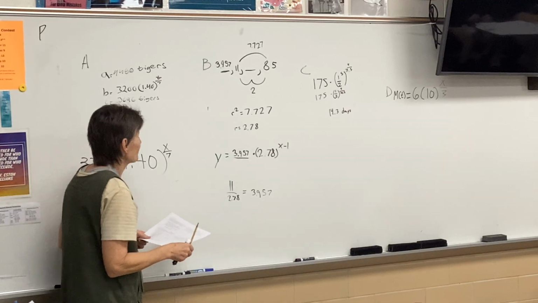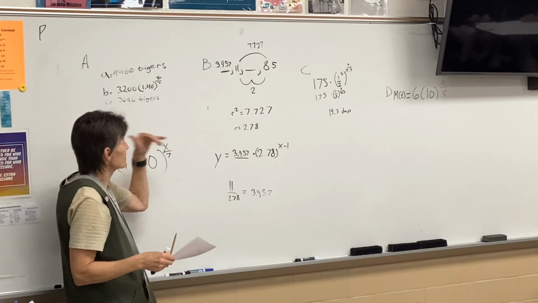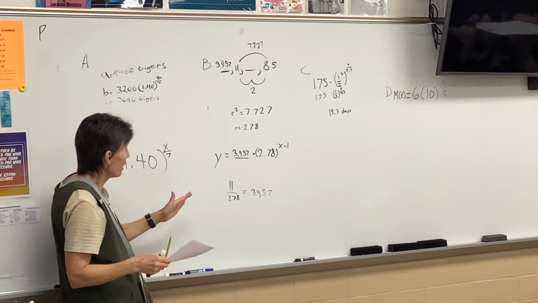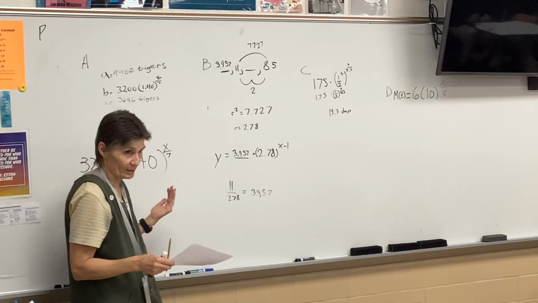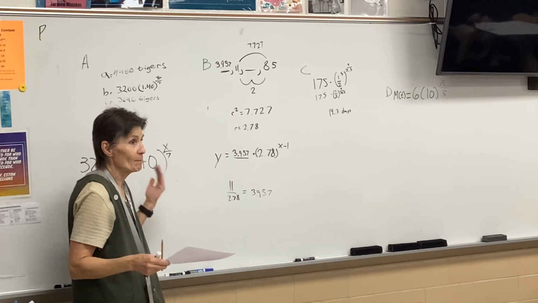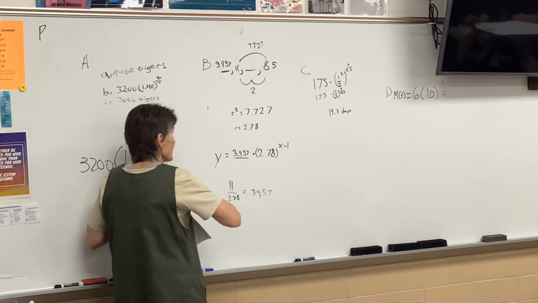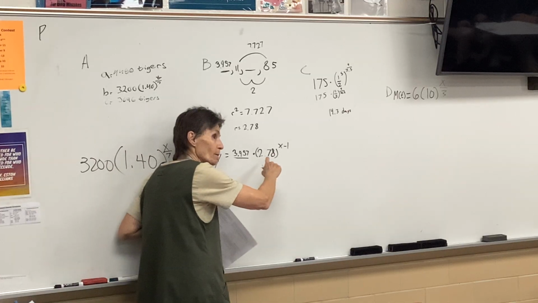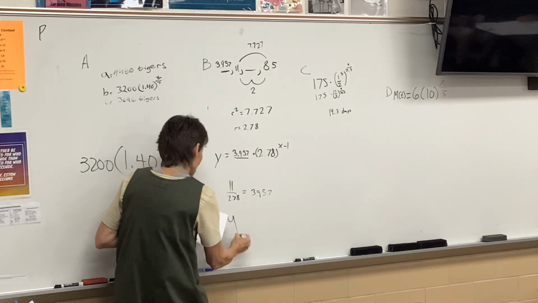Okay, B. Charlie went through all the work and did such a magnificent job. I just did a regression on my calculator and came up with the same thing. Charlie, you used your geometric formula, which is 100% okay. Yours looks like this.